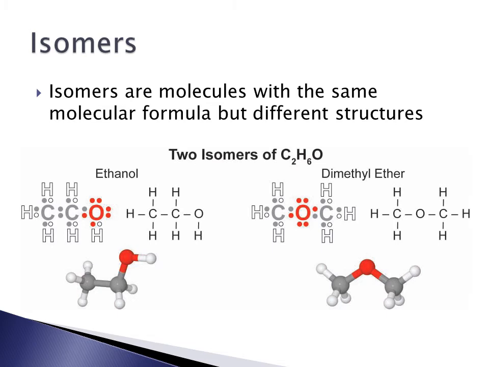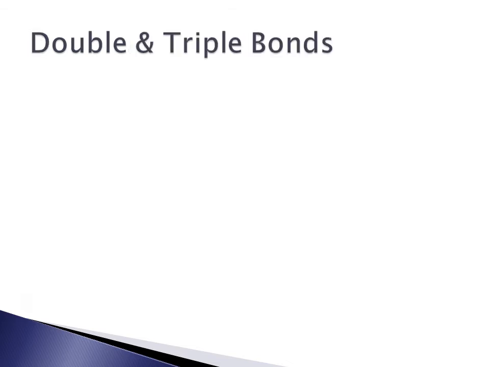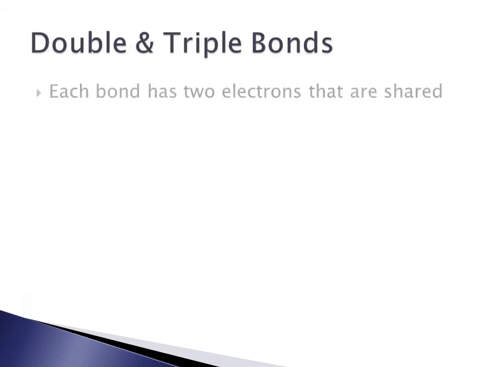And that's an isomer. That is what the word isomer means. Iso meaning the same. Mer just means part. If you think of the word mermaid, part woman. Isomer, same parts.